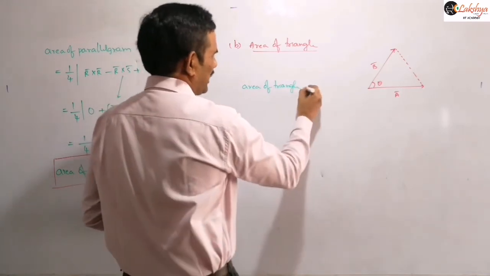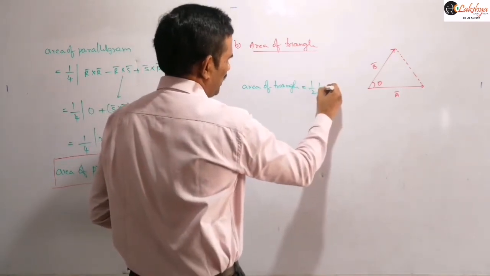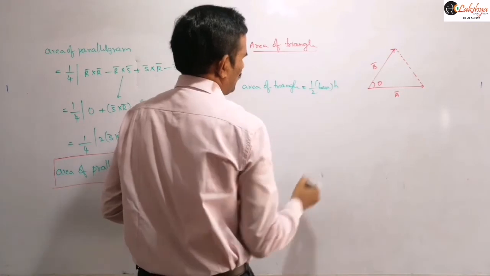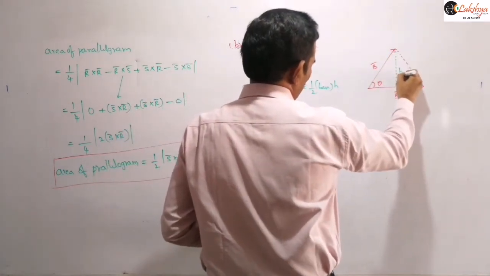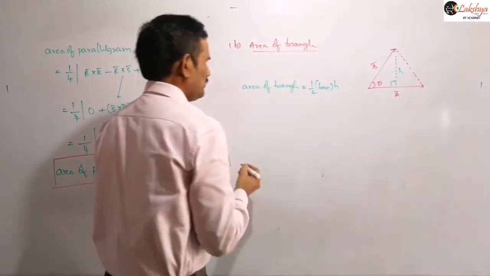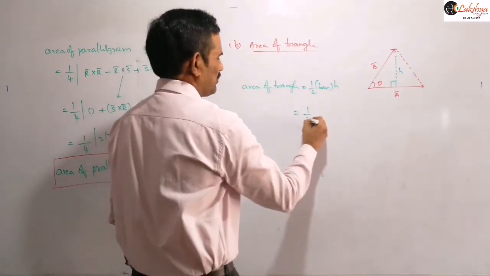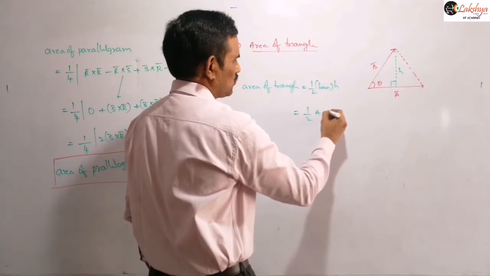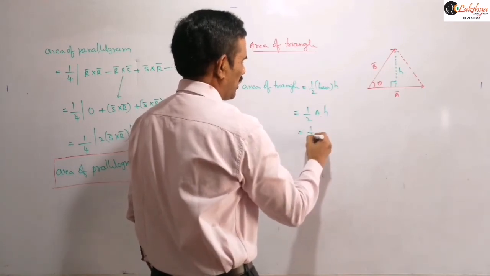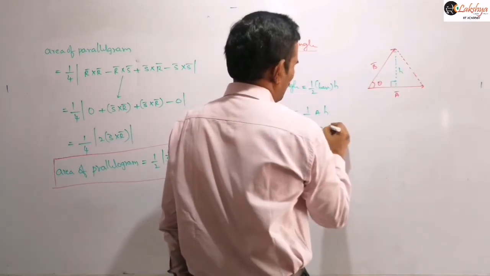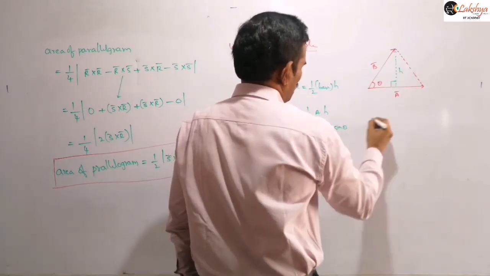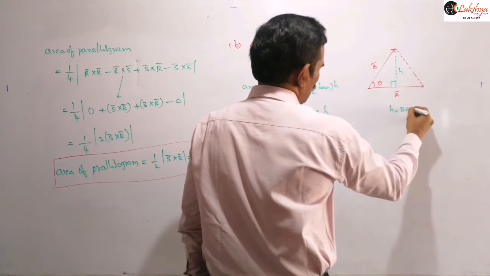So area of triangle is nothing but half into base into height. Right? So this height again let us take as some h. And therefore this value can be written as half into A into h. Using the right angle triangle, h is equal to B sin theta.